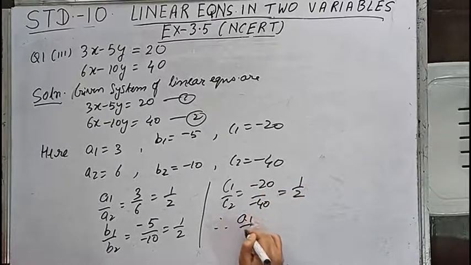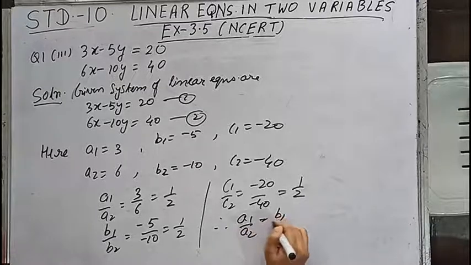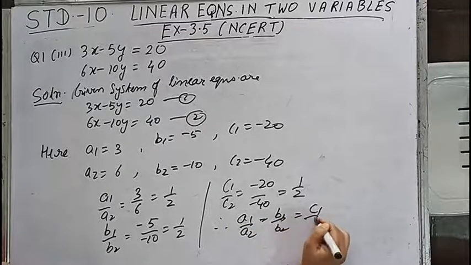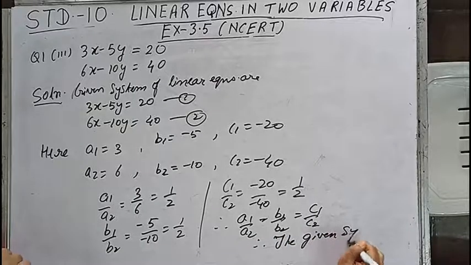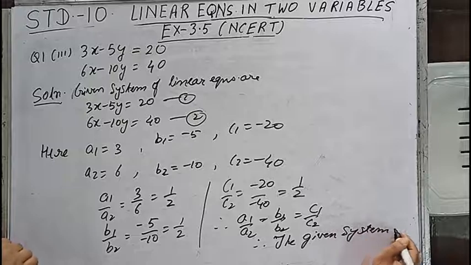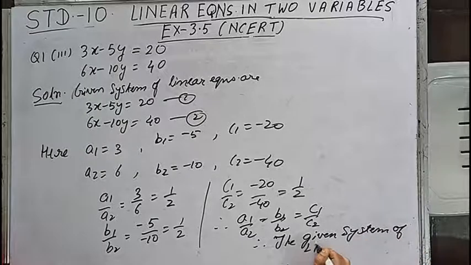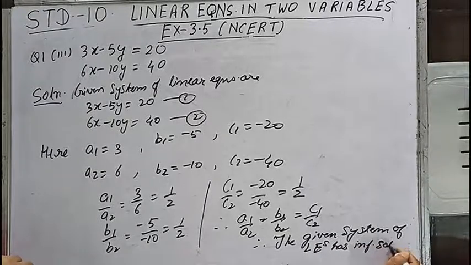Therefore, a1 by a2 equals to b1 by b2 equals to c1 by c2. Therefore, the given system of linear equations has infinite solutions.